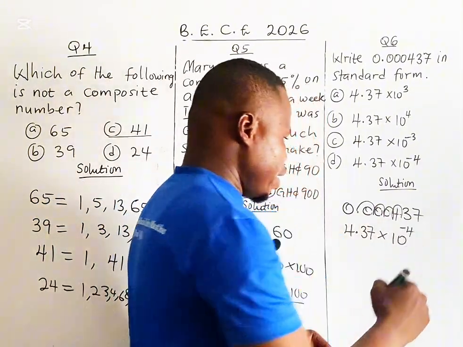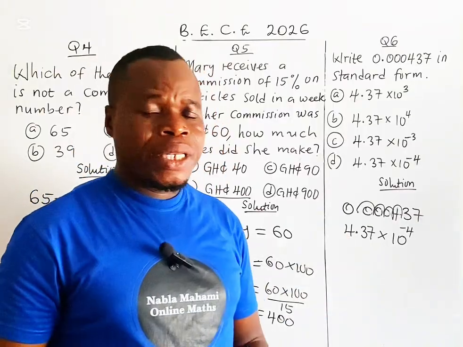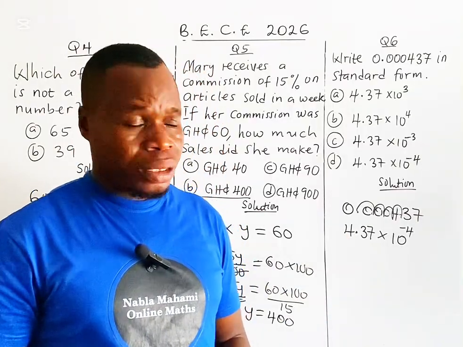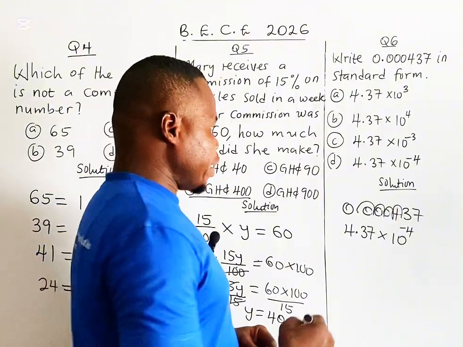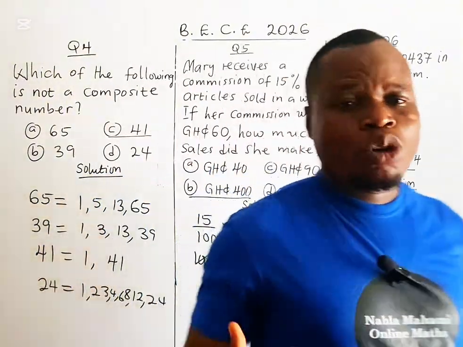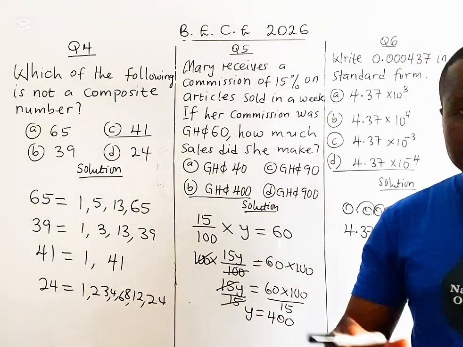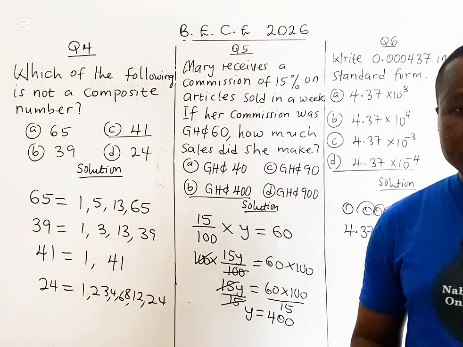So I'll have 10 exponent negative 4. And this one will now be the correct option for the question. And when you check through, the right answer is D. And these are the possible answers for each of these questions on that paper. Thank you for watching this video.